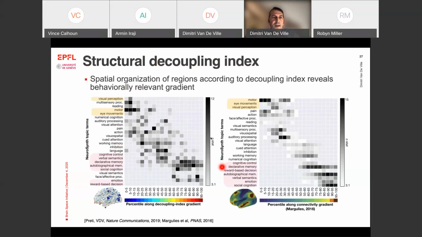So in other words, it seems to be also a behaviorally relevant gradient as well.